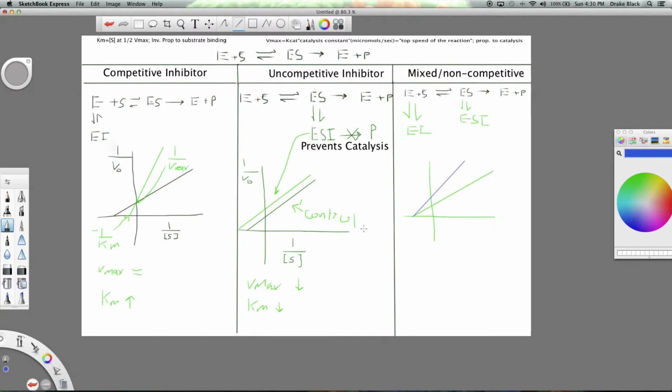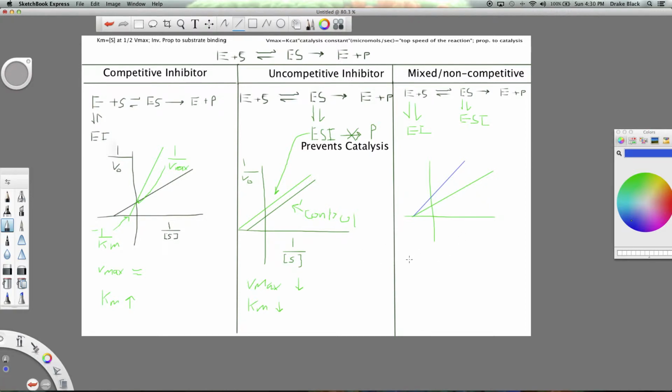So they have the same Km value, but differing what's called a Kd, basically binding affinity.